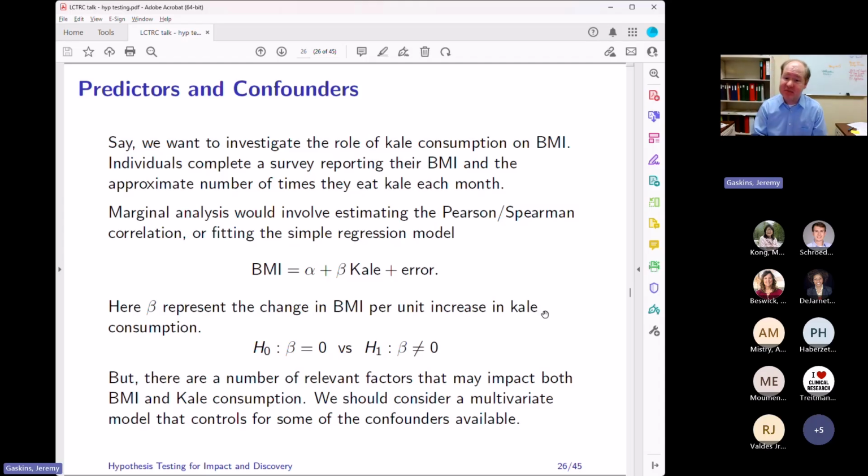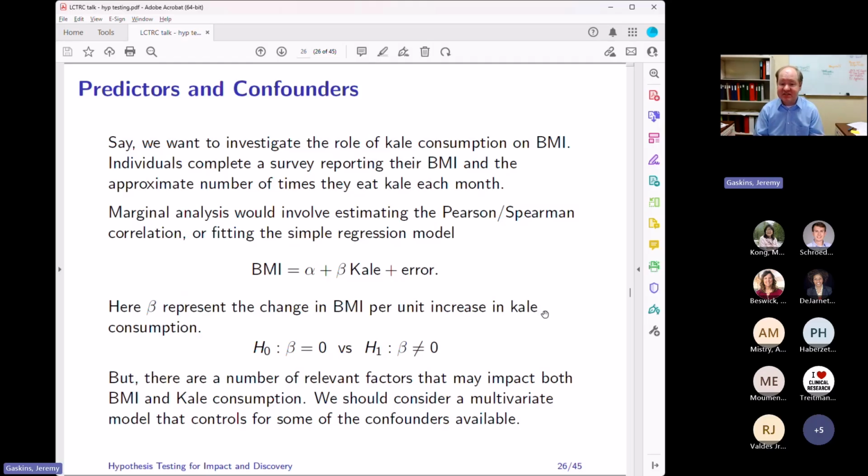And that will, of course, give me an unadjusted effect. I could also instead fit this as a simple linear regression model. So for every unit increase in kale consumption, beta is going to represent that slope, how much that unit increase in kale impacts BMI, right?